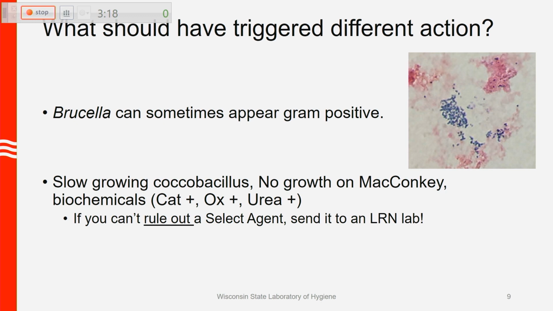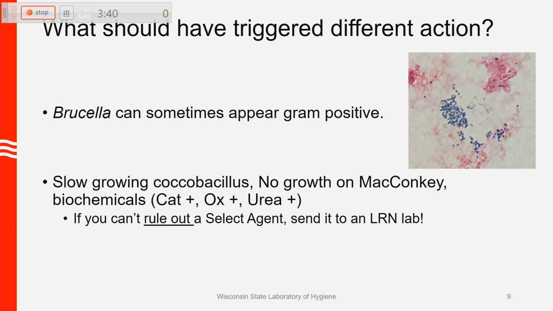If you have slow-growing pinpoint colonies, no growth on MacConkey, start thinking through, could this be Brucella even though it's gram-positive? And most importantly, as you're working through this, if you can't rule out a select agent, send it to an LRN lab. And that's really the most important part as you're going through here.